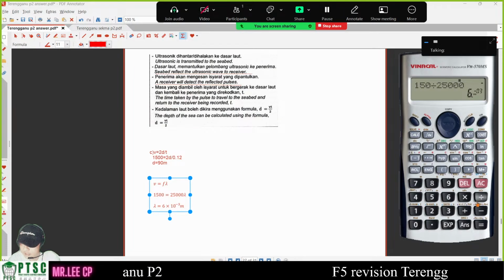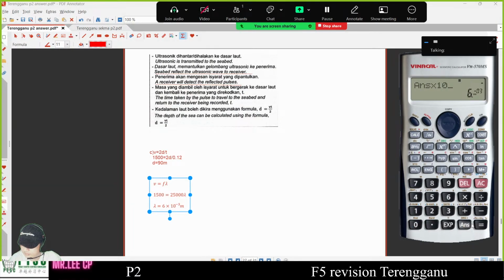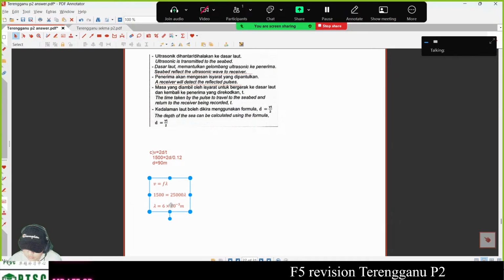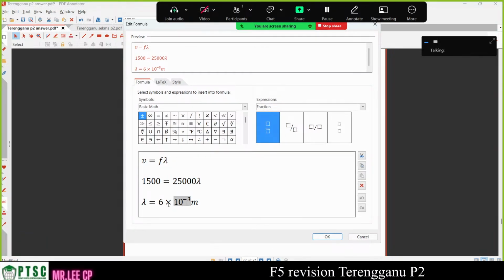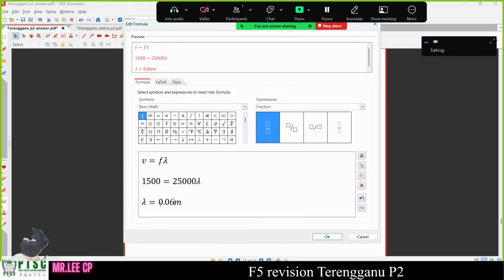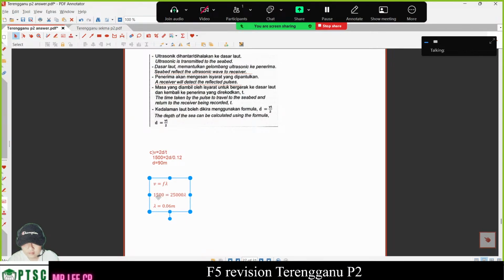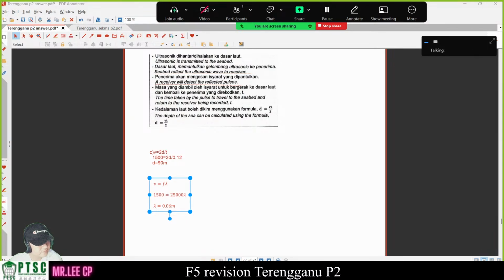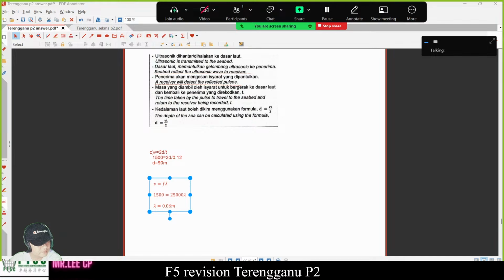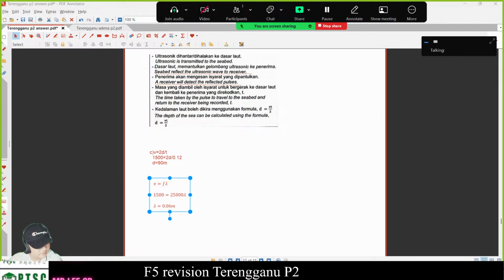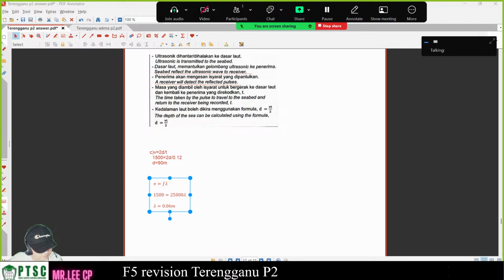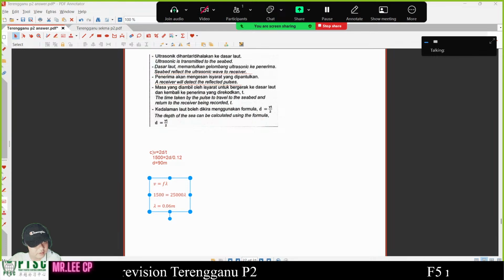My mistake. So it should be 0.06. This one is my mistake. The answer is correct, my one is wrong. I pressed wrong. Okay. Alright.